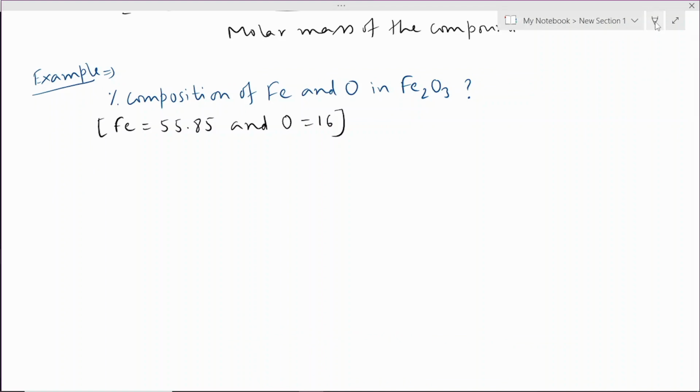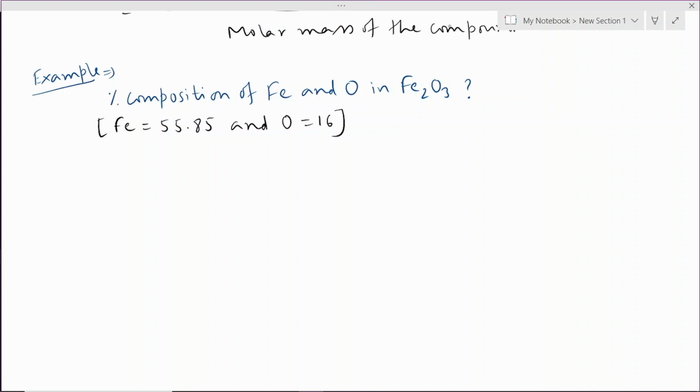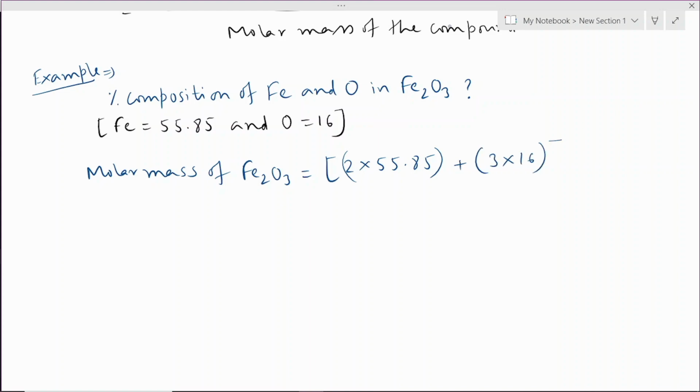We first find out the molar mass of Fe2O3, that is 2 into 55.85 plus 3 into 16 gram per mole.